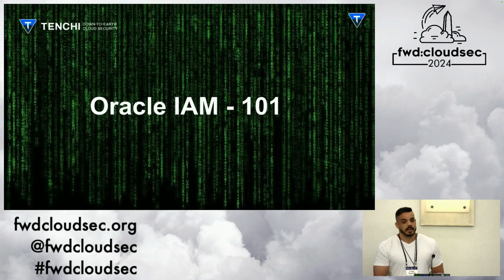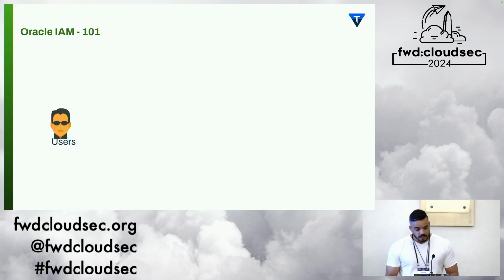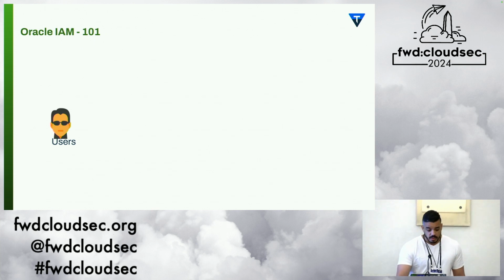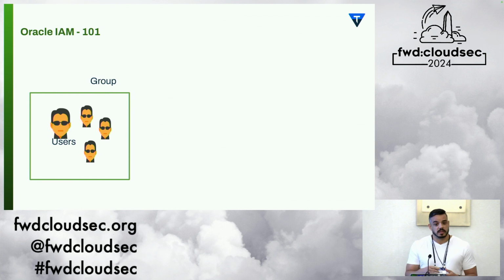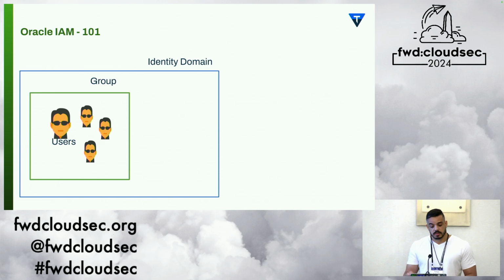So, Oracle IAM 101, how does this work? In Oracle, as in almost all cloud providers, you have users. And when you have a bunch of users, you can group them as a group. And after this, you have one thing that in Oracle is called an identity domain, where the users get authenticated, right?